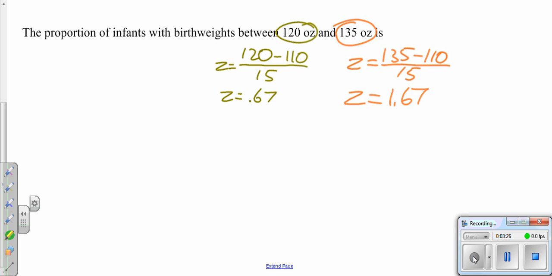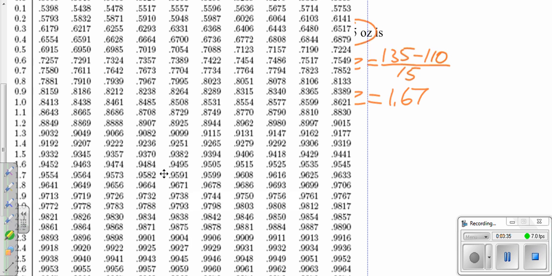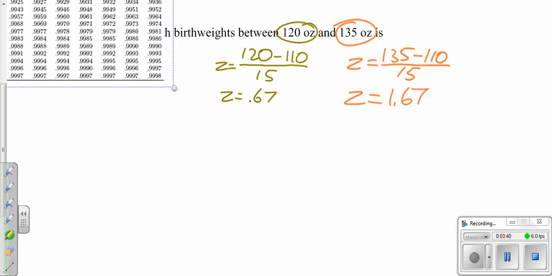So now I need to go ahead and find each one of these on my table. In this case, they're both positive, so I get them from the same table. For you guys, it's the table on the right-hand side. And I need to go ahead and find each one of these.